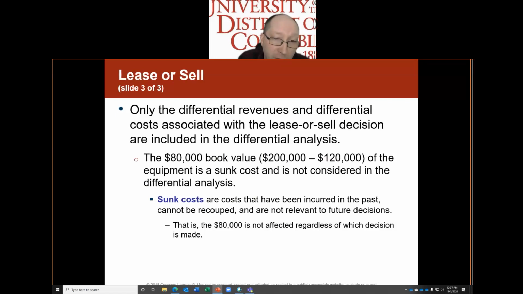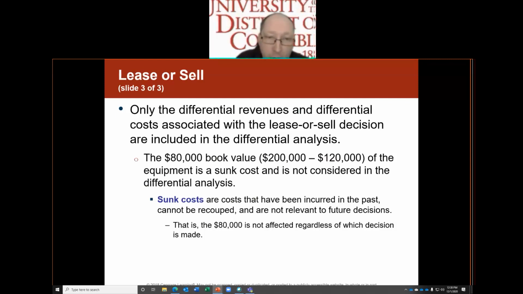So looking at the book value, $200,000 minus $120,000 in accumulated depreciation, the book value is $80,000. We have what we call sunk costs. Sunk costs are costs that have been incurred in the past, cannot be recouped, and are not relevant to future decisions. If I lease or sell a piece of equipment that I own, I cannot continue to capture the cost of depreciation.